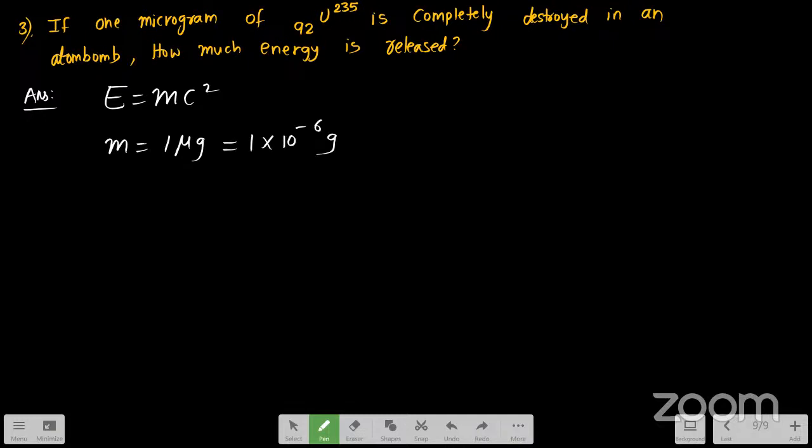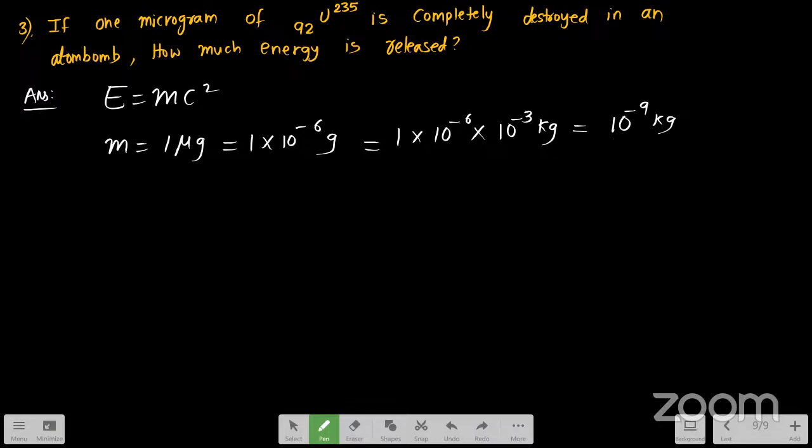If I convert this grams to kg, 1 gram is equal to 10 power minus 3 kg, so this will become 10 power minus 9 kg.